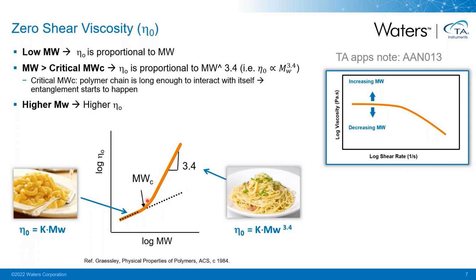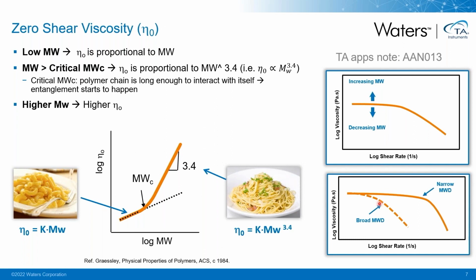In certain cases, this value can be even higher. Sometimes it can be as high as 3.5 or even 3.6. From this relationship, simply by comparing the zero shear viscosity, we can compare the differences of molecular weight between different batches of polymers. The higher the zero shear viscosity, the higher the molecular weight.